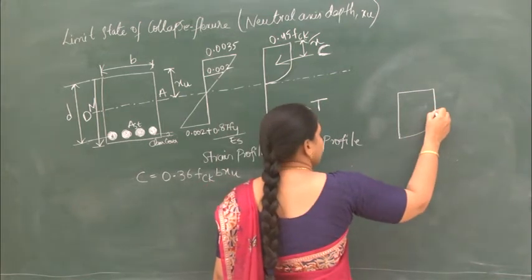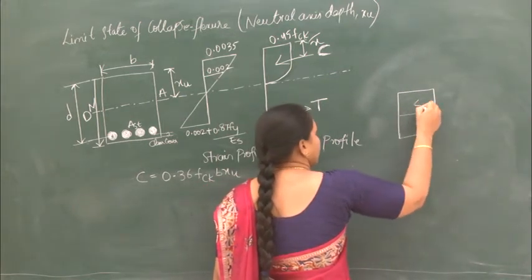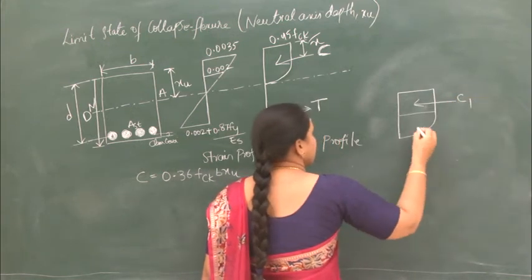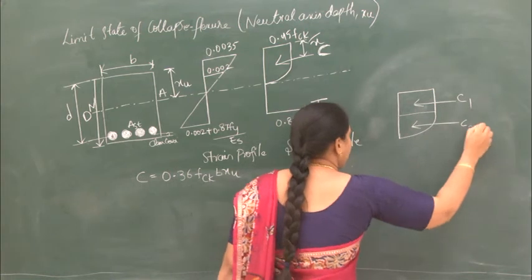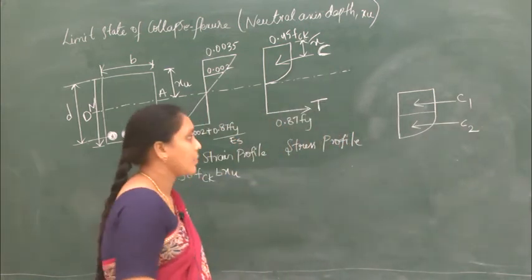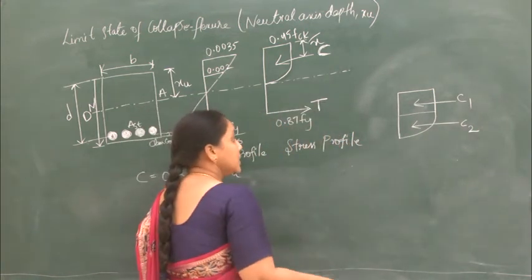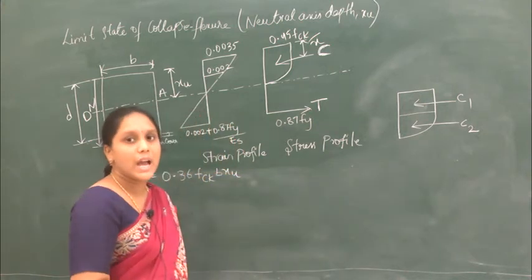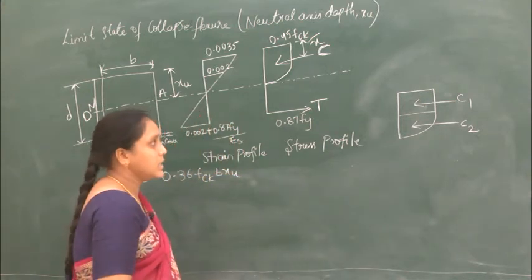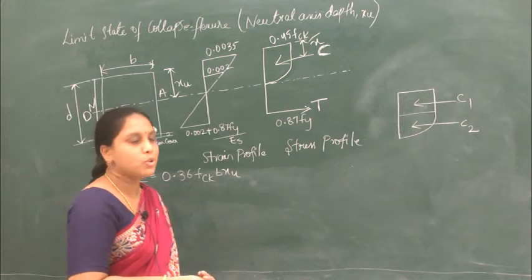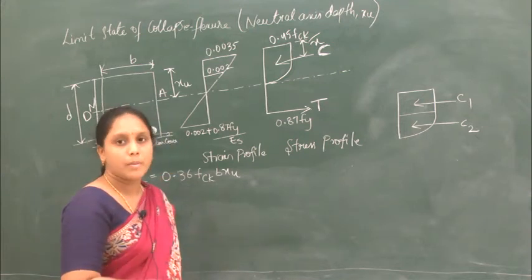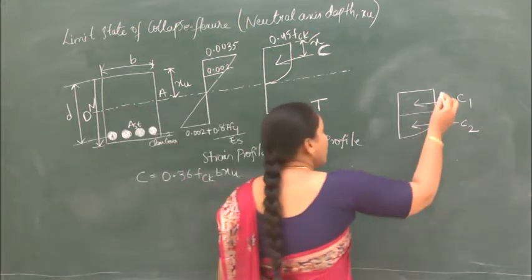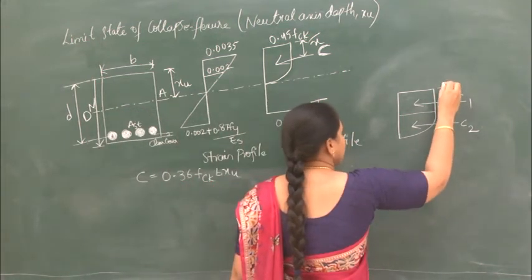Previously, this is our force C1 in the rectangular portion and this is C2 in the parabolic portion. First we have to individually calculate the distances at which these compressive forces C1 and C2 are acting from the topmost compression fiber.